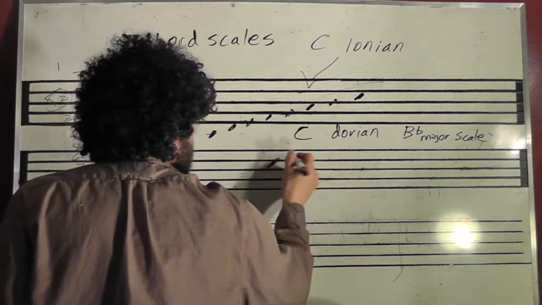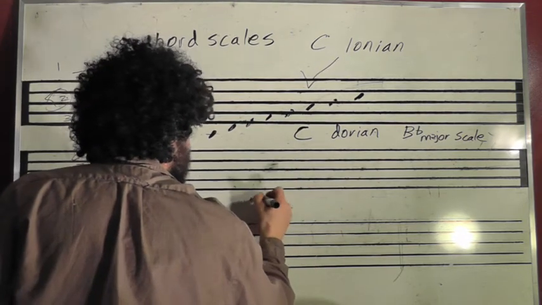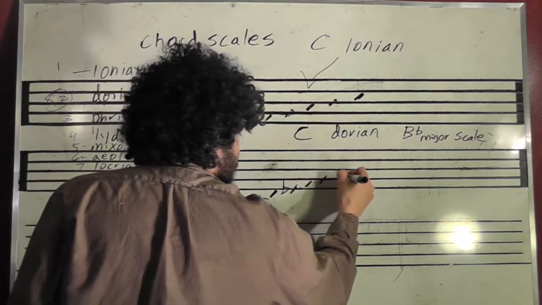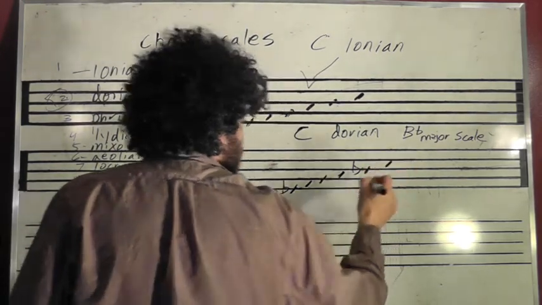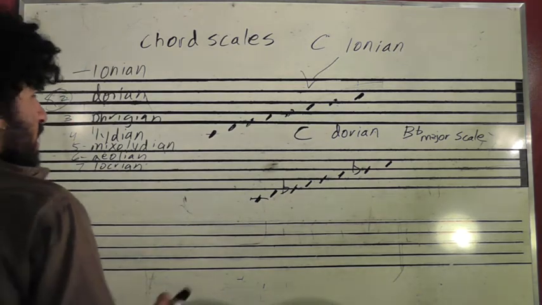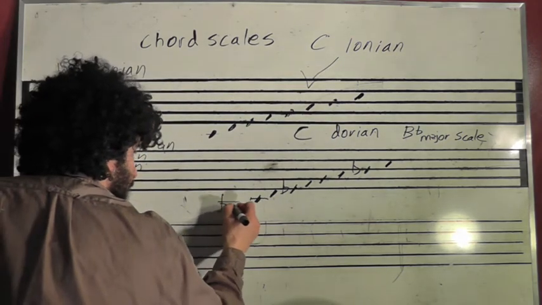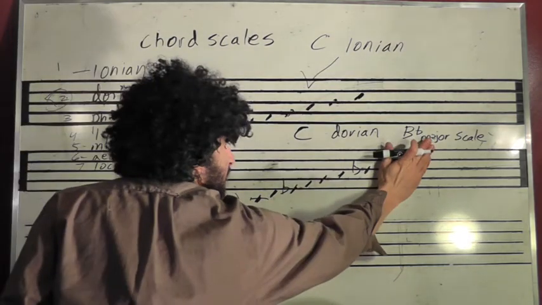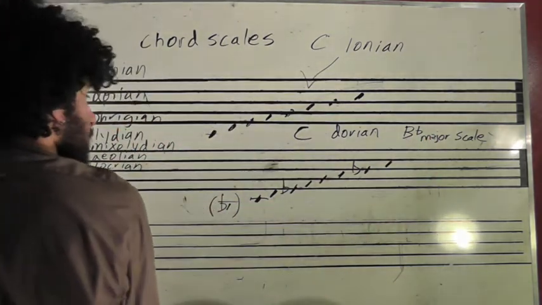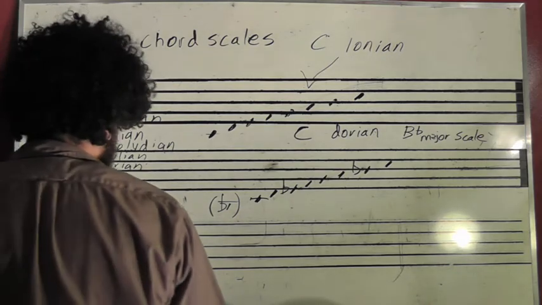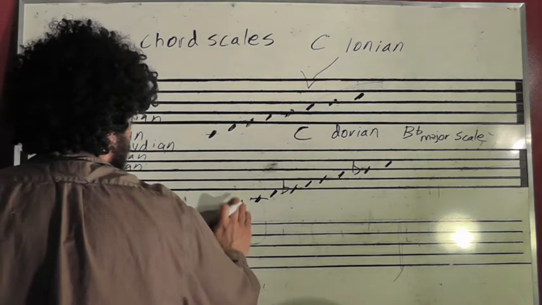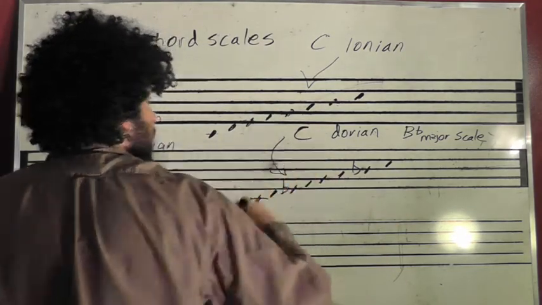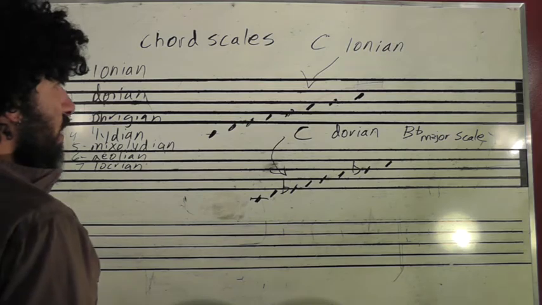So that's C, D, E flat, F, G, A, B flat, and C. Right? Because if you were to add a B flat here, that'd be your B flat major scale, and take the C off there. Make sense? Okay, C to C, and that's your C Dorian scale.